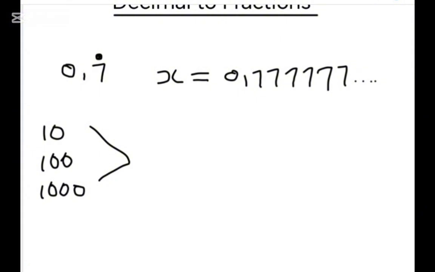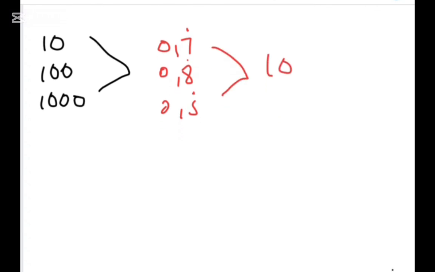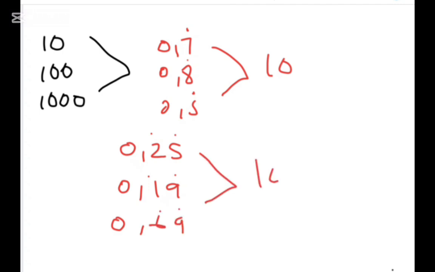When you have a recurring decimal like 0.7 or 0.8 or 0.5, with one recurring digit, you always multiply by 10. When you have a recurring decimal like 0.19 or 0.69, with two recurring digits, you multiply by 100.